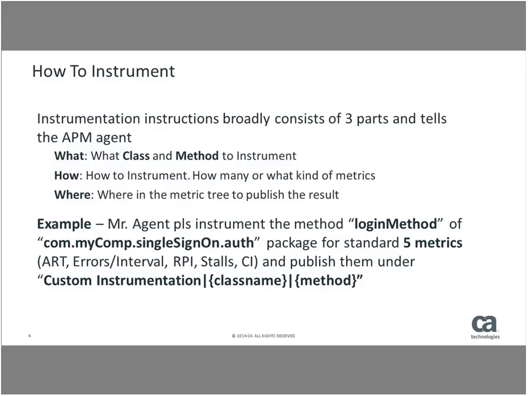It looks up the instruction, and as soon as it sees this particular package and method, the agent understands that it needs to instrument this package and method for these five metrics, and publish them under the custom instrumentation class and method. It knows that because it's looking at the instruction you have provided. As soon as this particular class and method loads up, it will do the instrumentation.